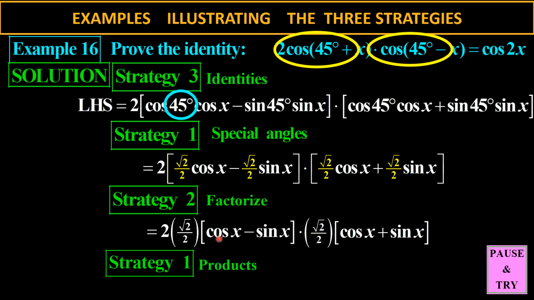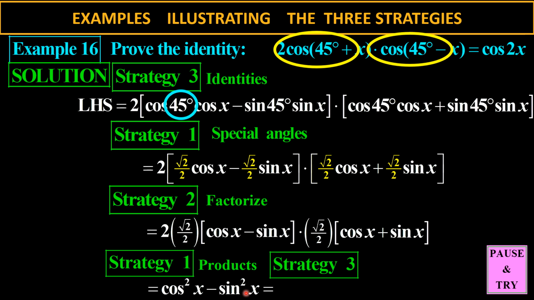Then if I multiply out cos x minus sin x with cos x plus sin x, I end up with cos squared x minus sin squared x. And what do you know about cos squared x minus sin squared x? That's right, that's strategy 3. That's an identity, and that identity is cos of 2x. And now we notice cos of 2x is my right-hand side. So again, I've proved that the left-hand side is equal to the right-hand side. So we've proved this identity here.